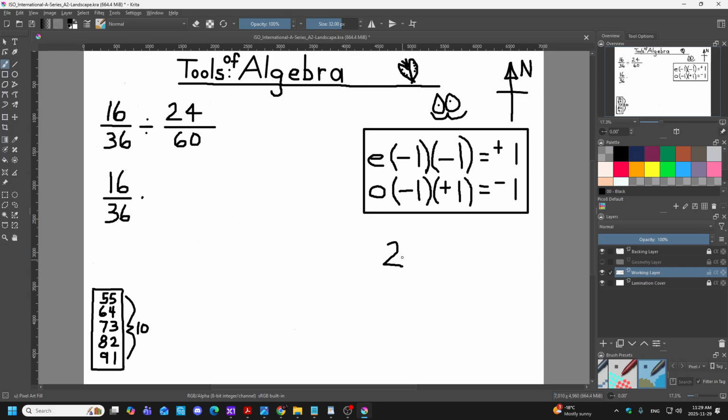We have 24 over 60, and its reciprocal is essentially just flipping the fraction. That's all it really means. It's just a fancy word. Ignore the fancy words and keep it simple. All we're doing is flipping the fraction. That's pretty easy, right? We could all do this. 60 over 24 now.